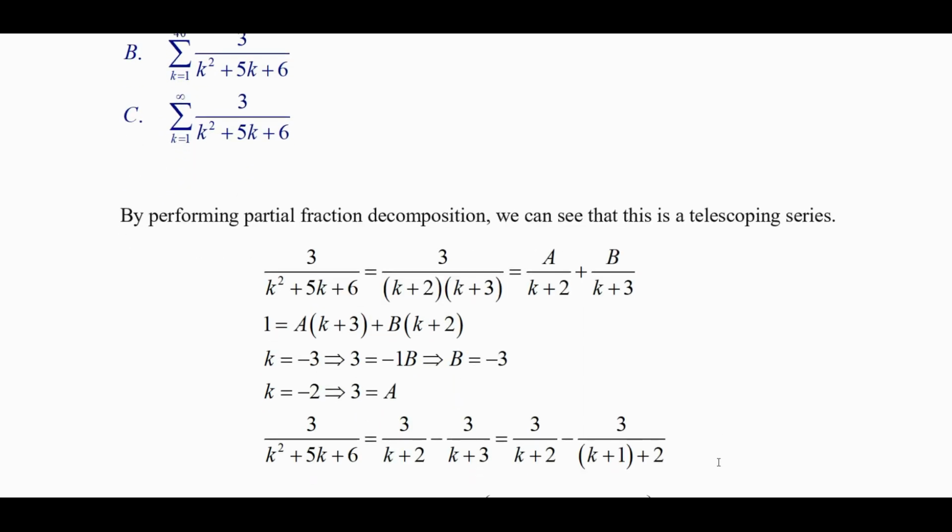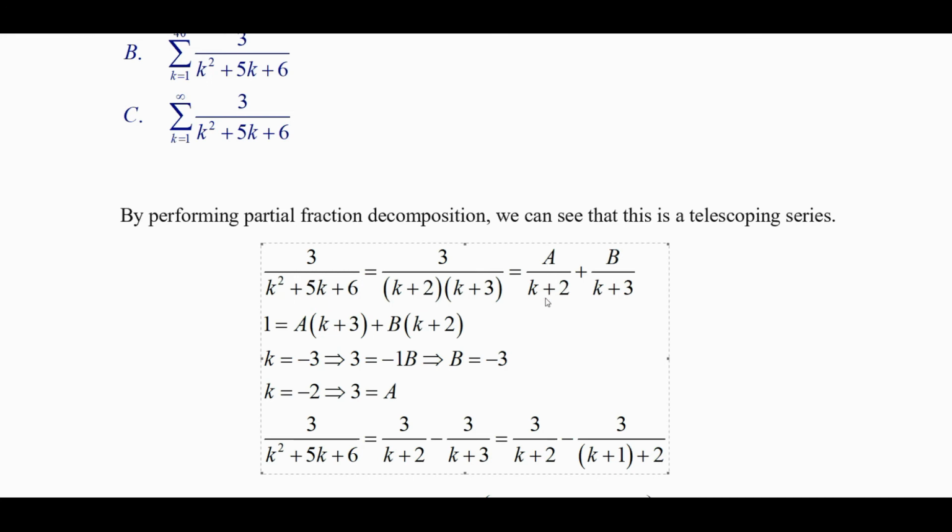So remember how we did partial fraction decomposition earlier. Let's do that first. Our formula is 3 over k squared plus 5k plus 6. Factor the denominator, that's k plus 2 times k plus 3. Check out the FOIL here, distributing to get back there, or anti-FOIL factoring to go here.